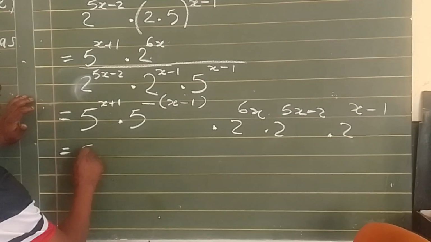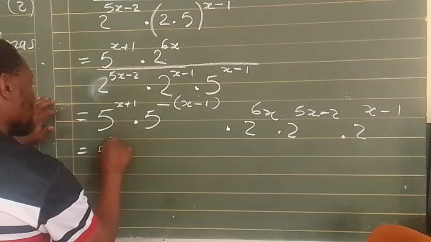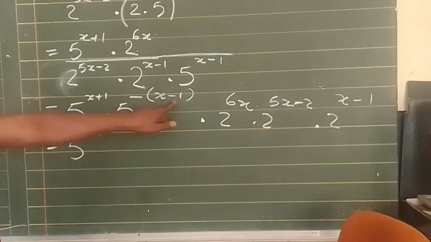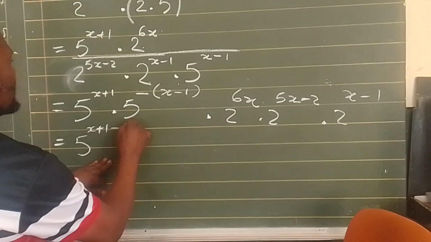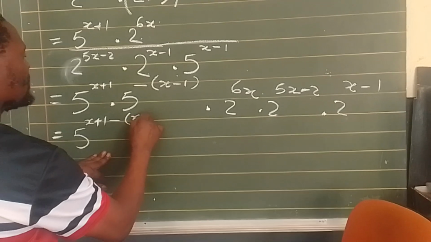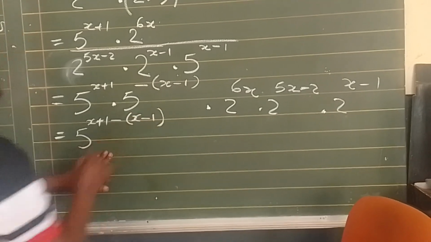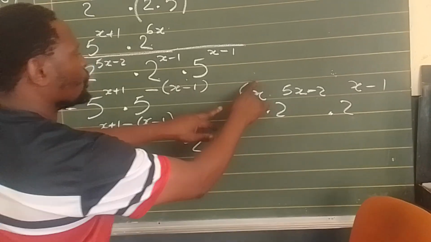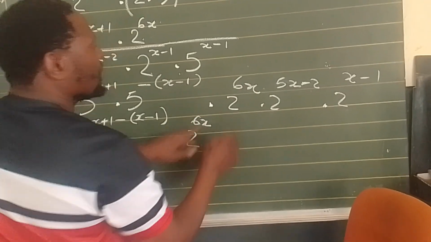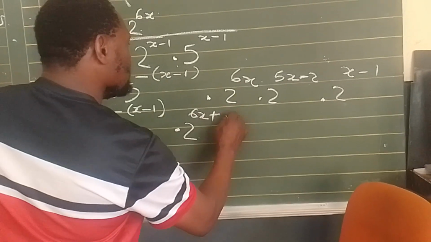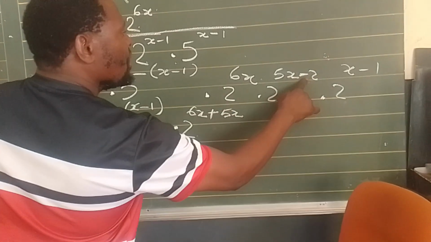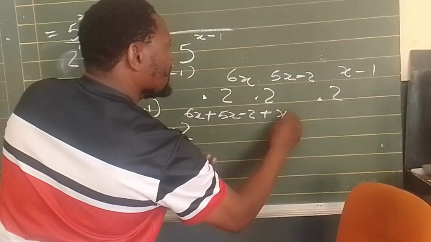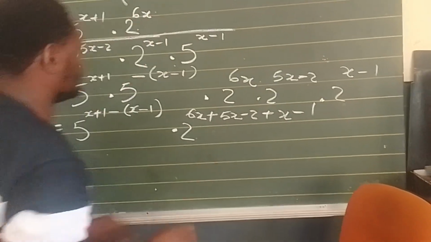So here you take one base, you say x plus 1, you add x minus 1, multiplied by 2 to the power 6x, you add here plus 5x minus 2 plus x minus 1.